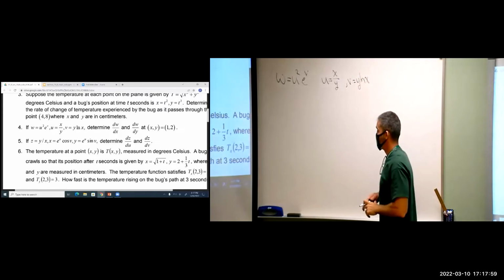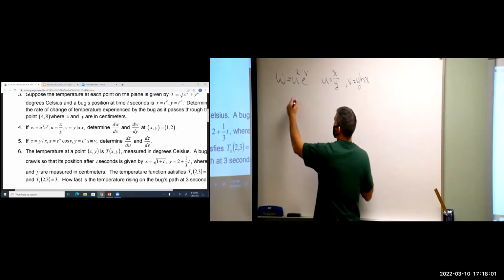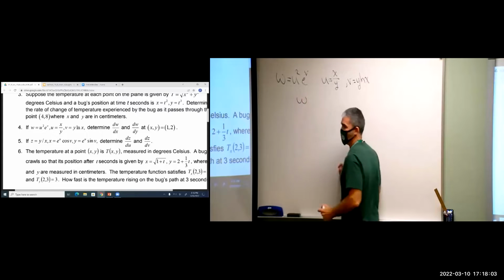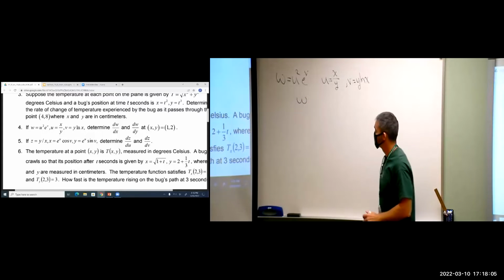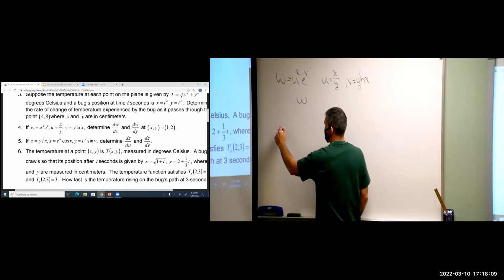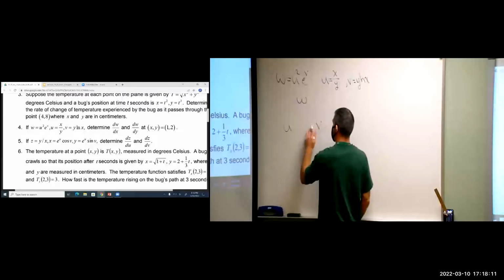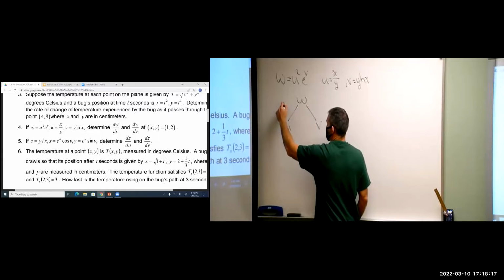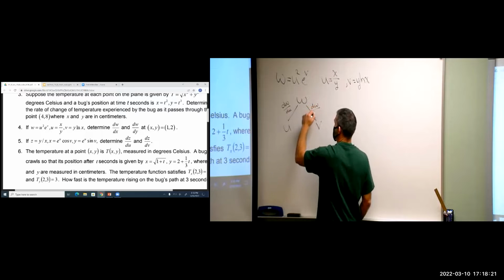So here's what's happening. We're starting off with some w, right? Now w is a function of u and v. So that tells me I need to make sure I do dw/du and dw/dv.